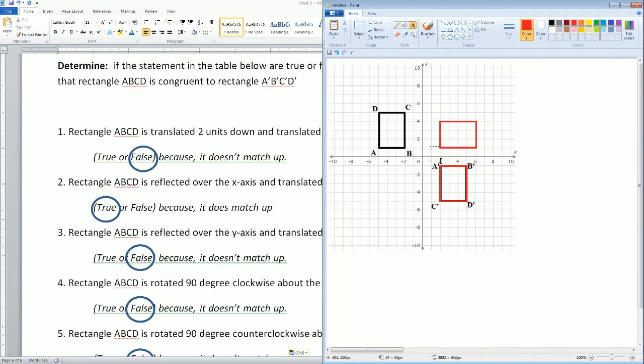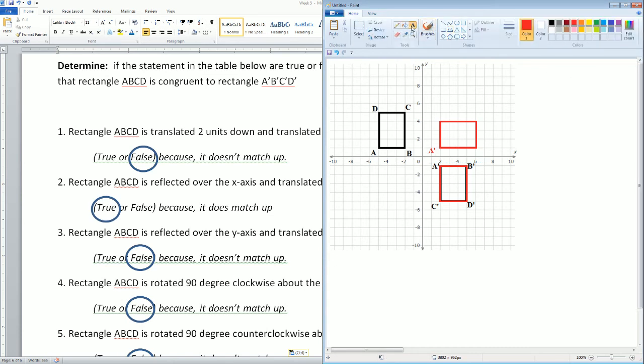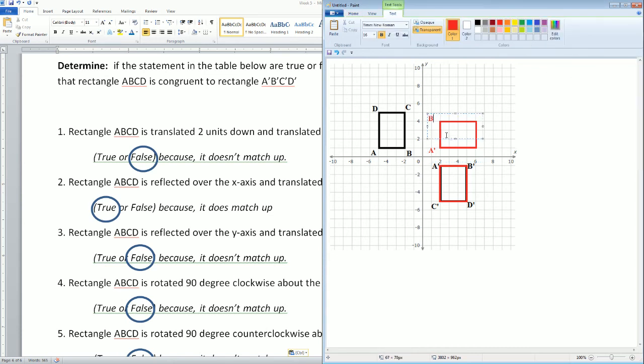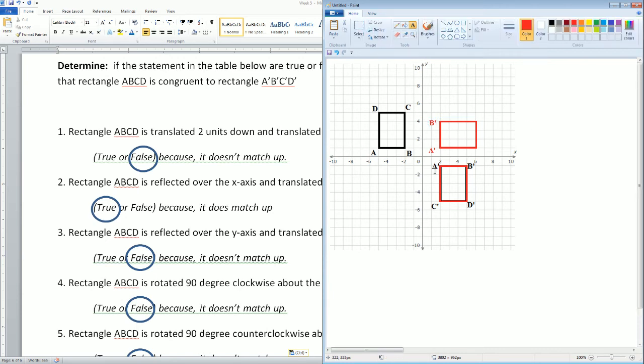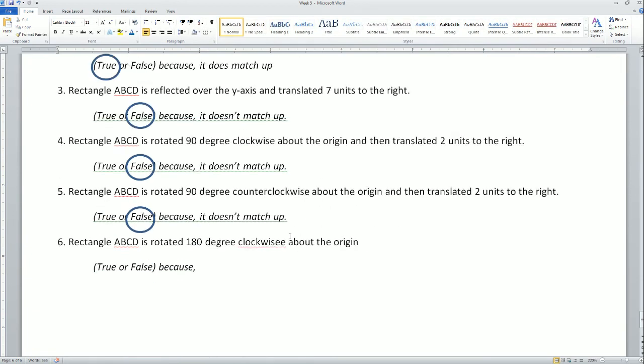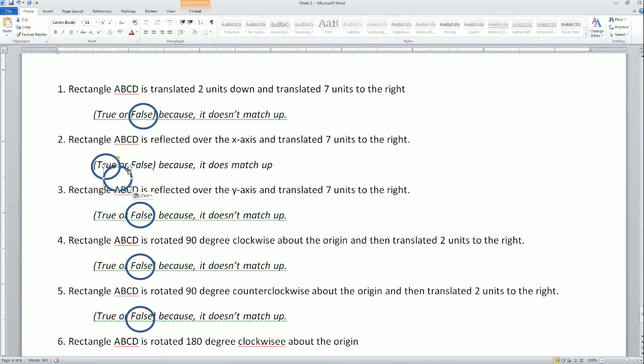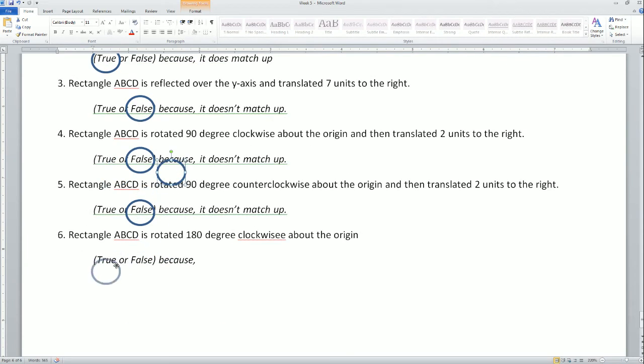A is right here. B is right there. If you rotate it again one more time, yep, it does get you that one. So we would say that this is also true.